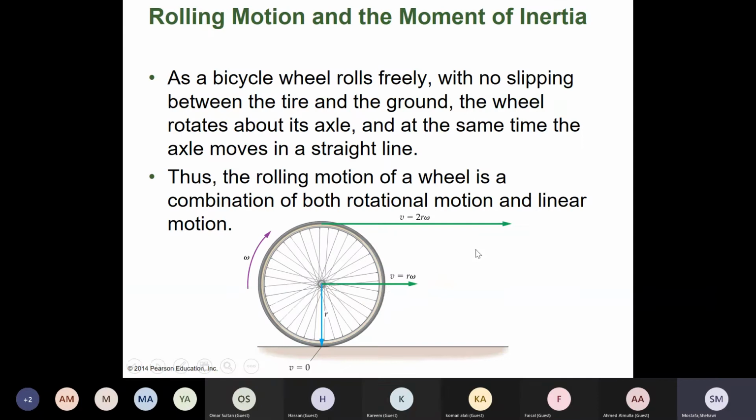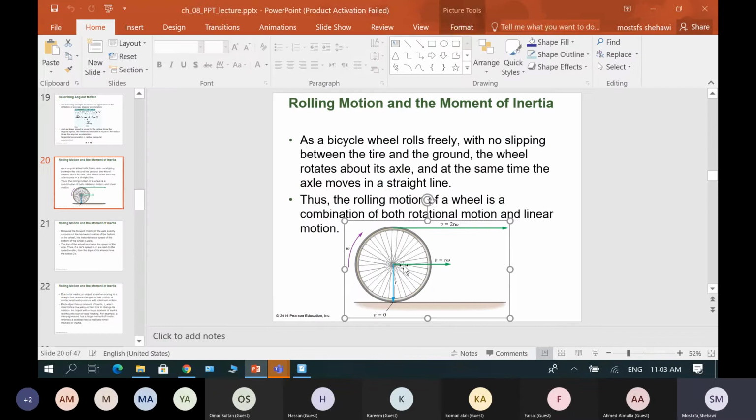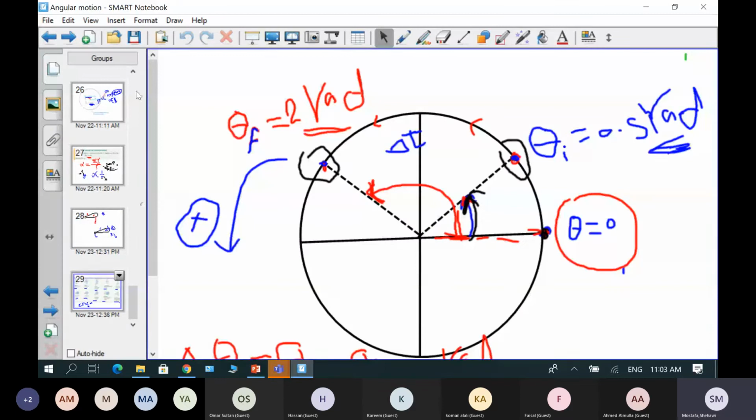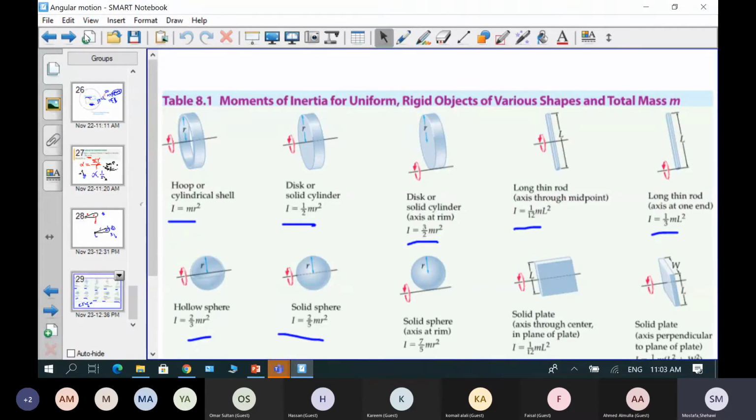Again, let's come back to our slide here. If you see this, the center of mass has a speed of what? r omega, only r omega. While this point on the top has a speed equal to what? 2 multiplied by r omega. I've explained that. I wish you understand it.